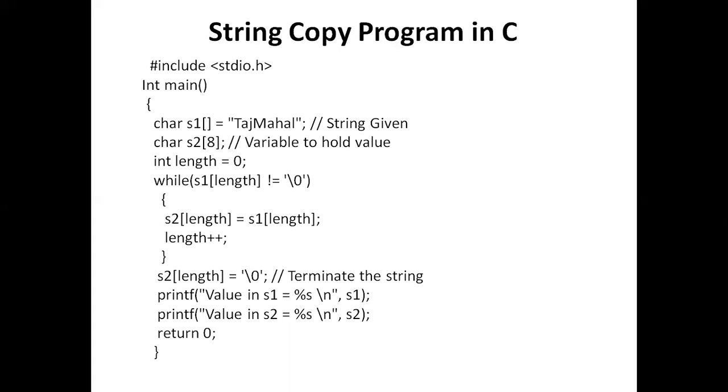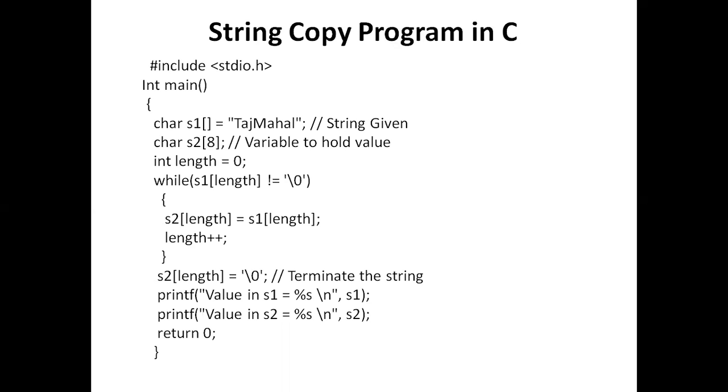In that manner, starting from T, I will store A next, then J, M, A, H, A, L. I will be copying all these characters from the string S1 to S2. So that loop is over. After copying, at the end of the string S2, I have to put \0 to make it a string.